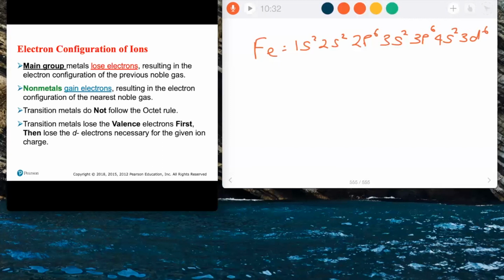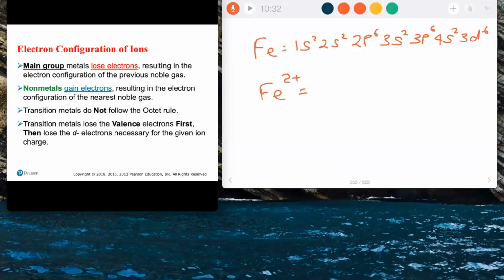If someone asked you to write the electron configuration for iron 2+, somebody will think that you remove the 2 electrons from the 3d. No, you start losing or removing electrons from the highest n value.